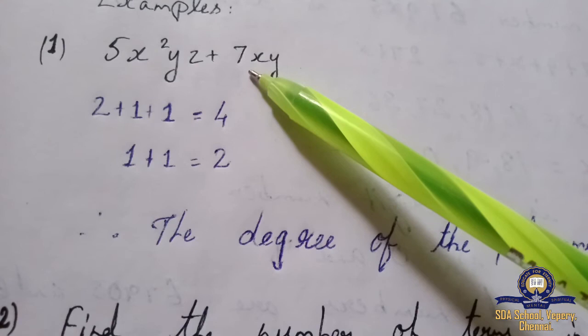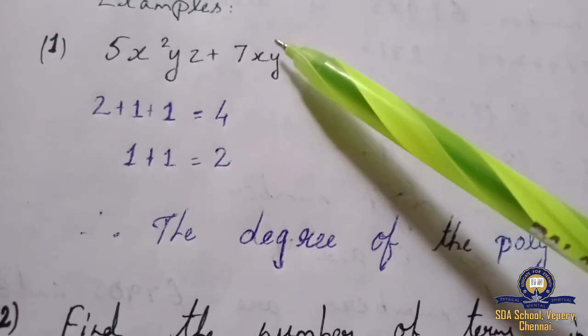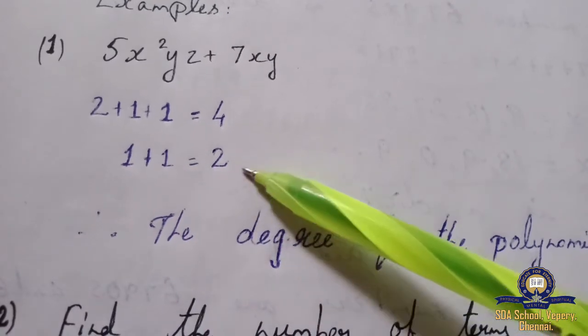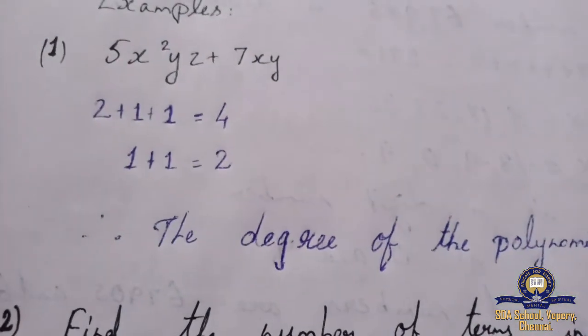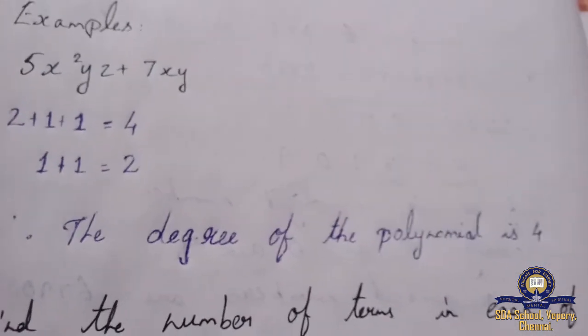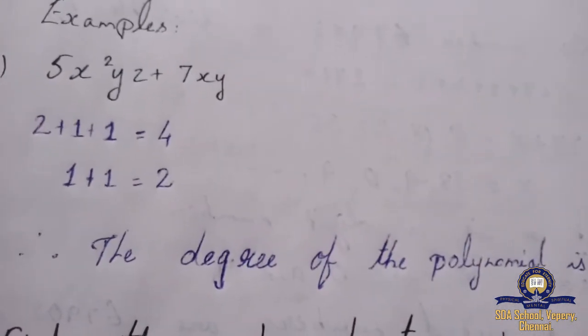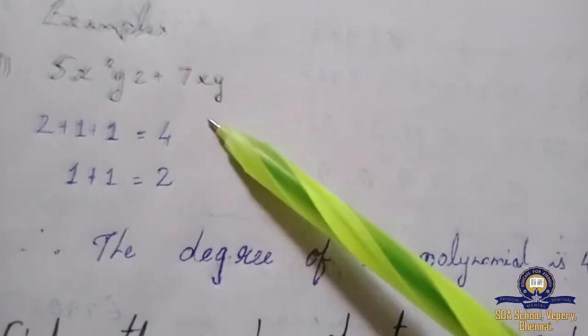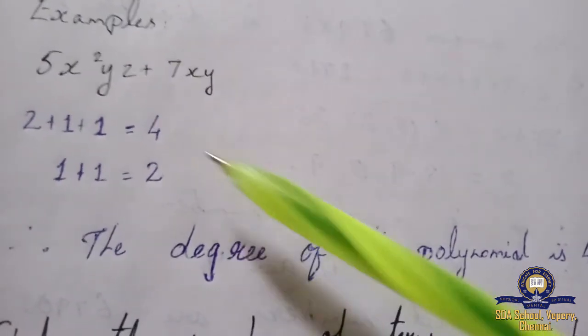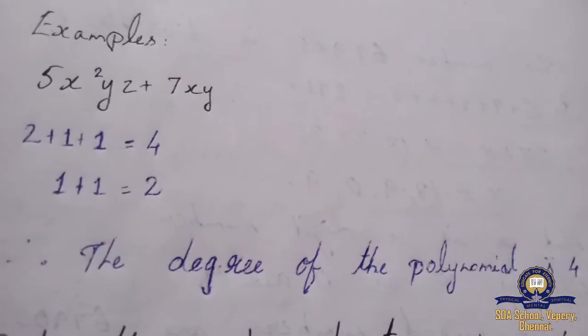In the same way, x has power 1 and y has power 1, so when we add this, we get 2. So from these two terms, the greatest power is 4, so the degree of the polynomial is 4.